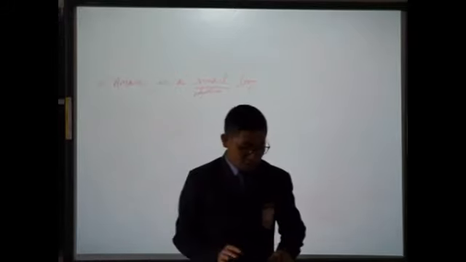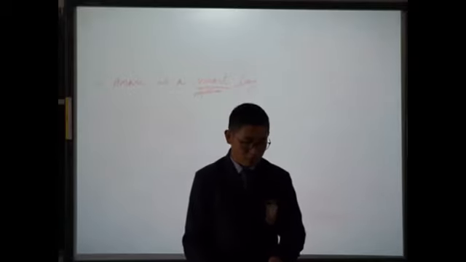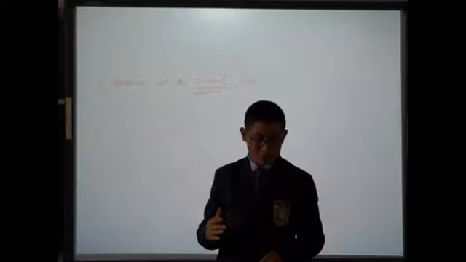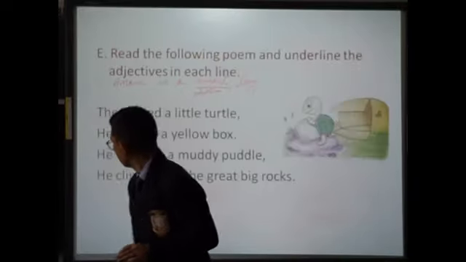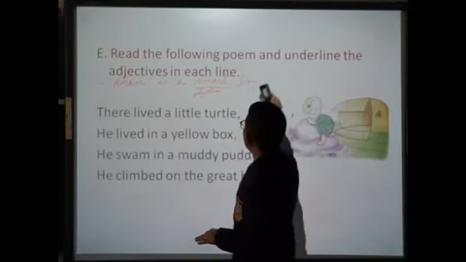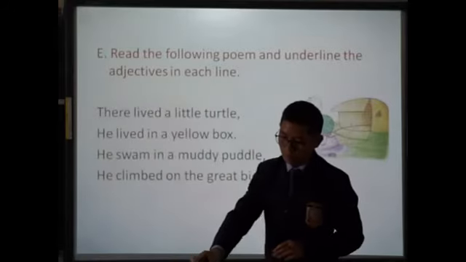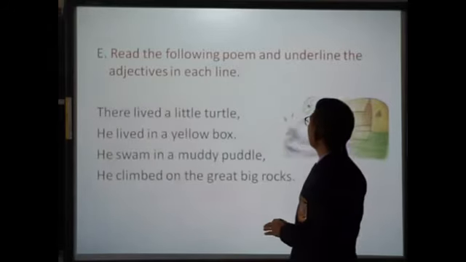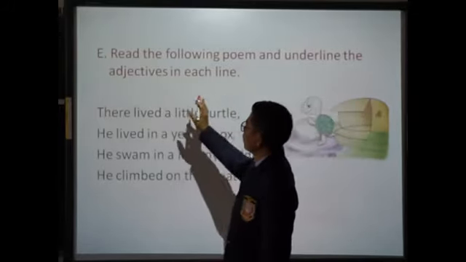Now we have revised the lesson on adjectives. Now let us do the previous questions together. The question here is: read the following poem and underline the adjectives in each line.